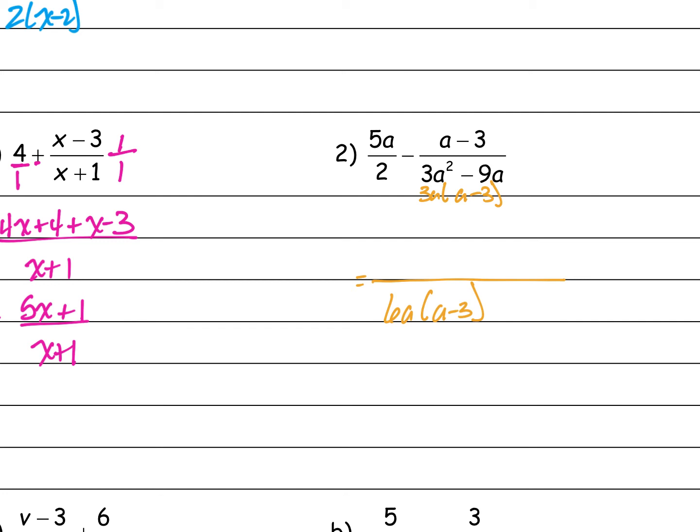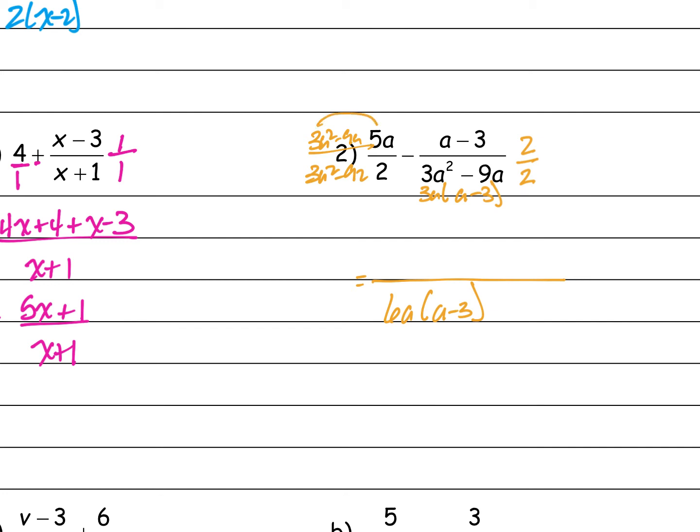Well, I need a 3a squared minus 9a. I'm just multiplying it back together on this one. And on this denominator, I need a 2. Is that correct? That is correct. Okay, I need a 2.